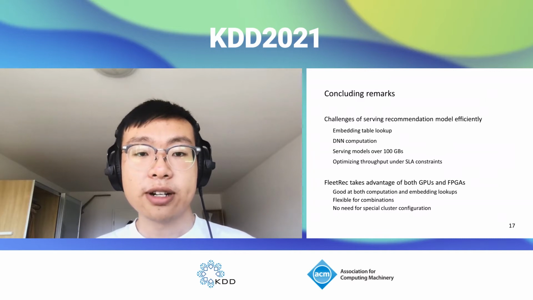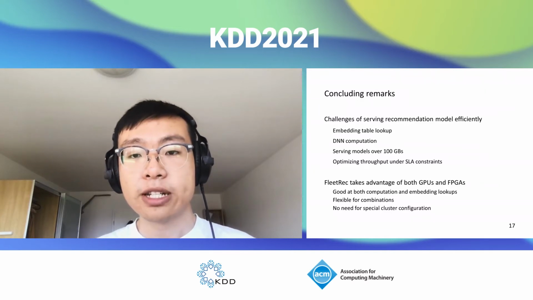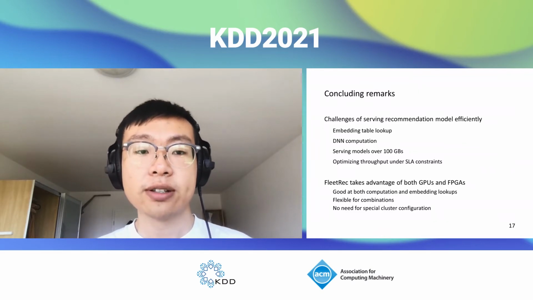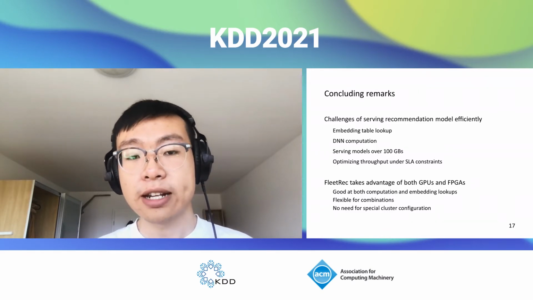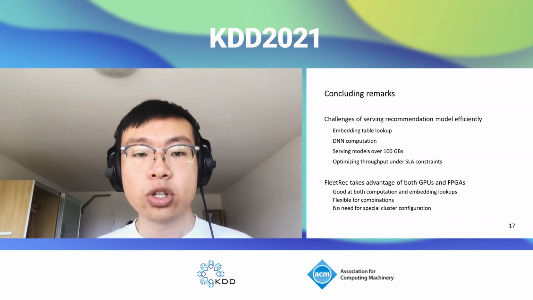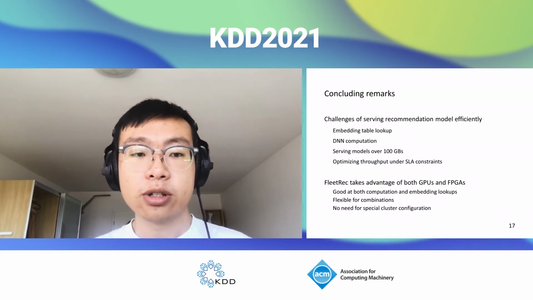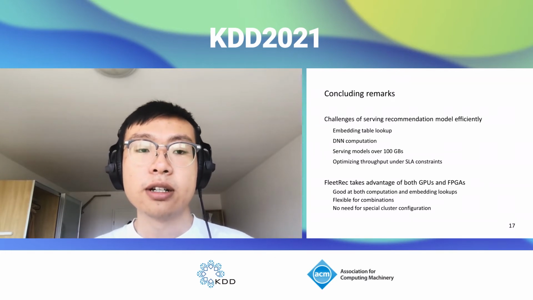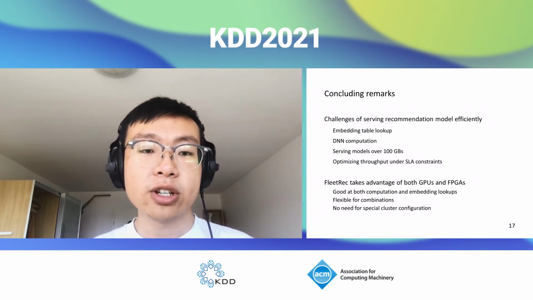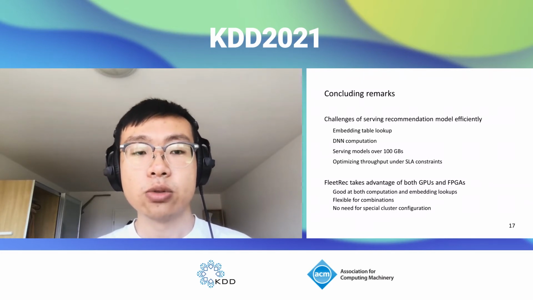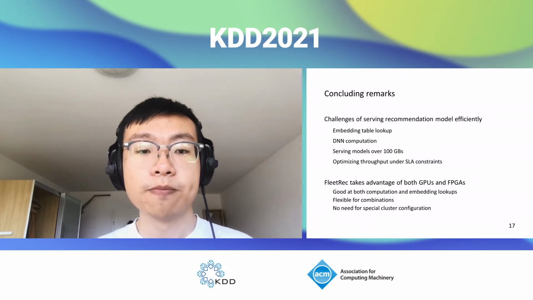To conclude this talk, serving recommendation models efficiently is very important, but also very challenging. The first challenge is the embedding table lookup operation, which involves many random DRAM accesses. It is also worth mentioning that modern machine learning frameworks invoke many operators, which is not friendly to embedding table lookup as well.